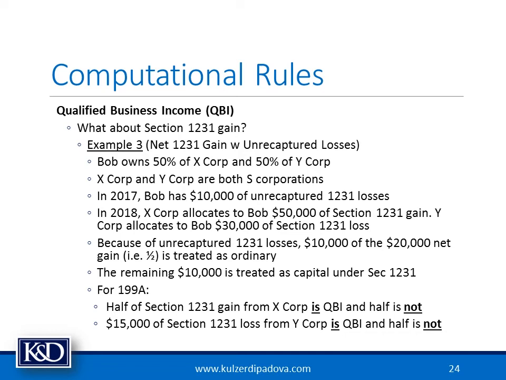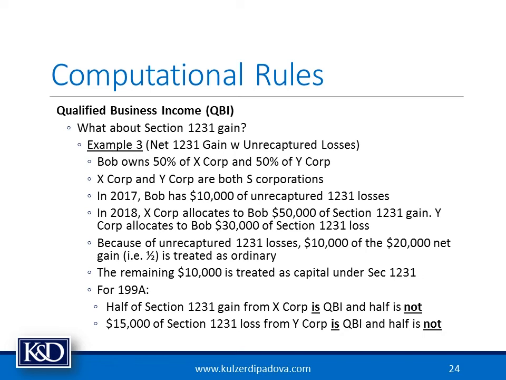This last example is where it gets a little tricky. If you have a net gain with unrecaptured losses, you have to do a proportional allocation. Again, same thing, two S corporations. Going back to example 1, where X Corp allocates $50,000 of gain and Y Corp allocates $30,000 of loss. But in this example, in 2017, Bob had $10,000 of unrecaptured 1231 losses.